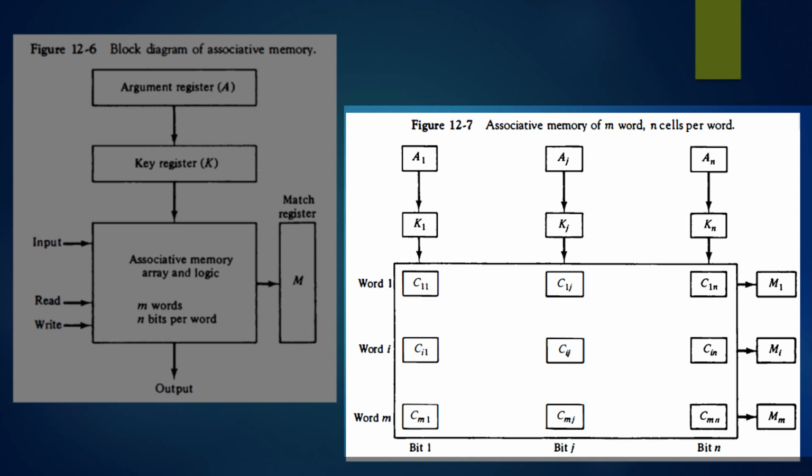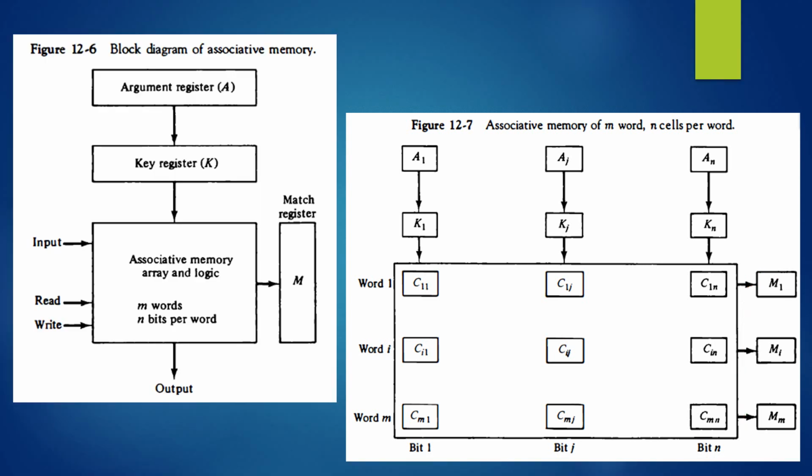Here we have the argument register on the top, below it the key register, and in the last hierarchy we have the cells. The cells of the associative memory are where everything is stored, where words are stored, and outside it we have the M register. M register is for the match register. Draw both the diagrams.